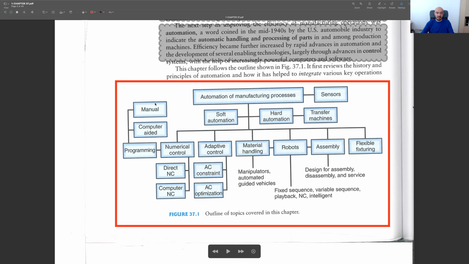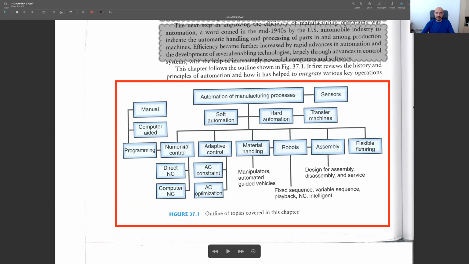We have some types of control, since we said that control is highly important in automation. If you don't have control, then it's quite difficult to have an automated system. In terms of control, we have manual control or computer-aided control. We'll discuss all these. We have numerical control. This is highly popular.